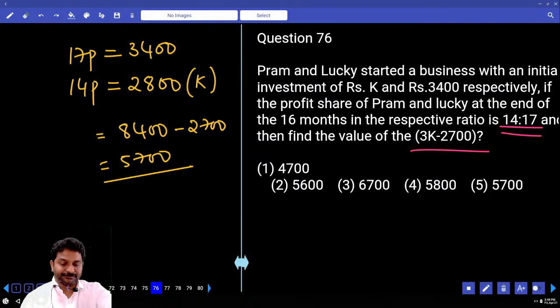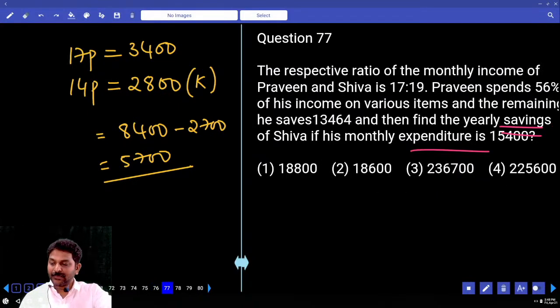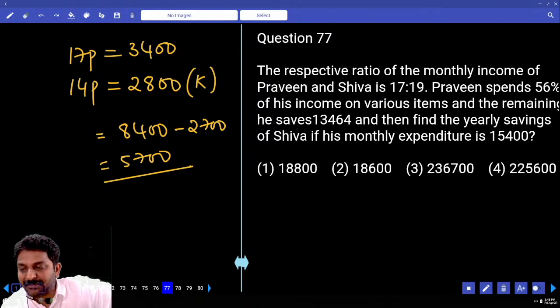Then the respective ratio of the monthly income of Praveen and Shiva is 17:19. Praveen spends 56% of his income on various items and then remaining he saves 13,464. And then find yearly savings of Shiva if his monthly expenditure is 15,400.